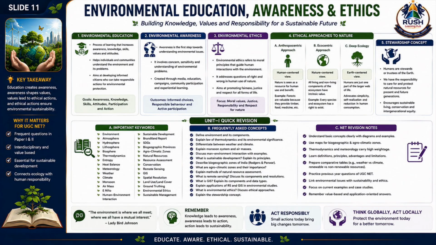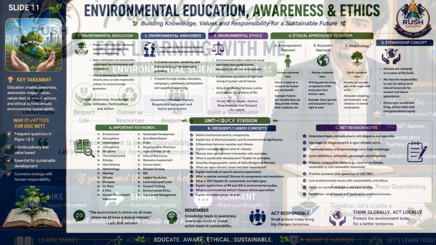To summarize, environmental education develops environmental knowledge and skills. Environmental awareness promotes informed participation in environmental protection, and environmental ethics provides moral principles for human interaction with nature. Together, these concepts form the foundation for responsible environmental citizenship, sustainable development, and long-term environmental conservation.